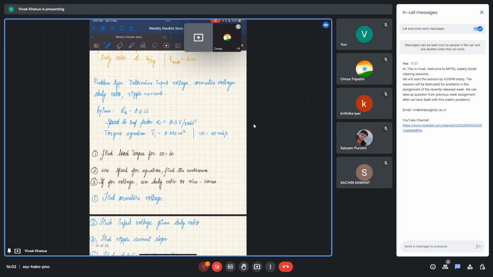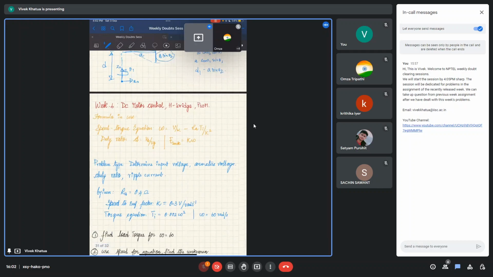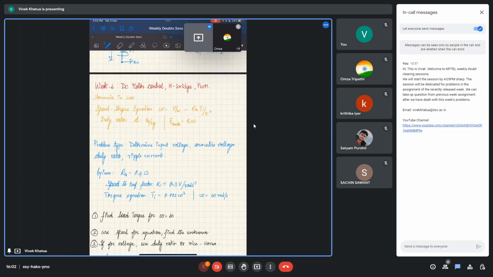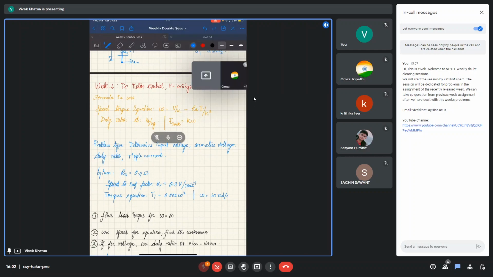Okay, so we'll start with this week's assignment. This week in NPTEL, what was covered is DC speed control and the H bridge.